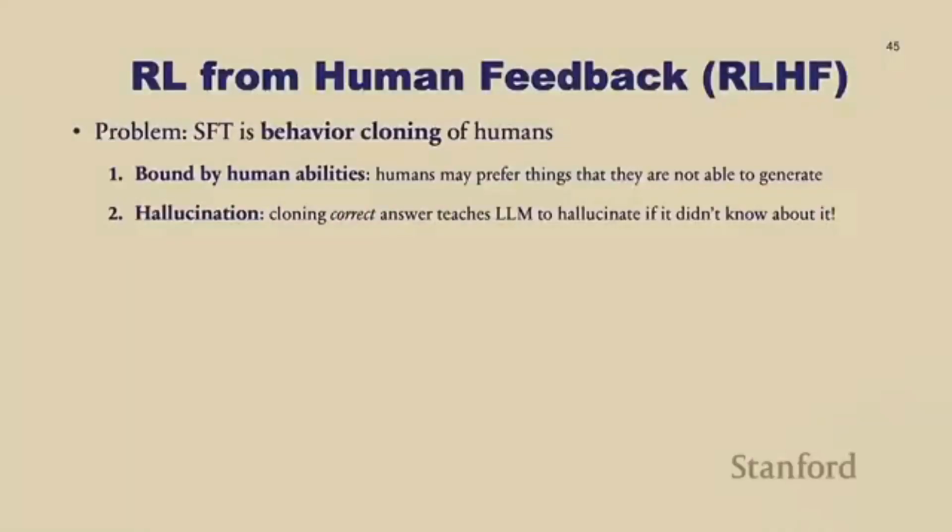Issue number 2, which I find pretty interesting, is that if you've ever heard of the word hallucination, this is LLMs generating false information. People have hypothesized that hallucination can come from the supervised fine-tuning, even if you do supervised fine-tuning on data that is correct.